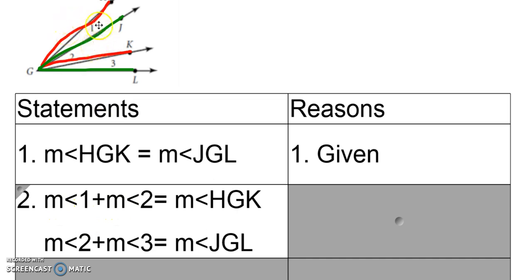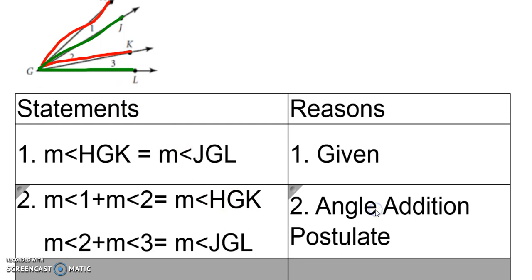So 1 plus 2 makes up HGK, the red angle. And then I've also written that the measure of angle 2 plus the measure of angle 3 makes up angle JGL, which is the green one. The reason that I know this is the angle addition postulate. I've just added up the halves of the two angles.